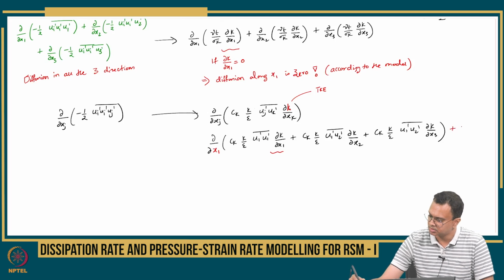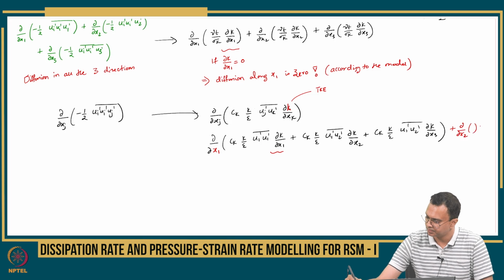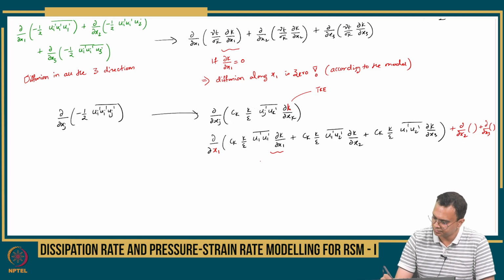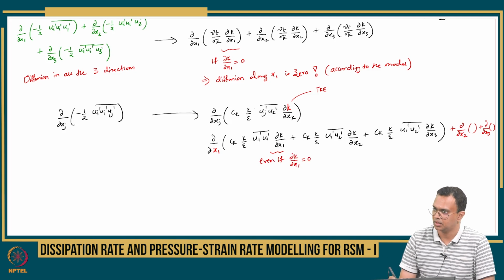So I get plus dou by dou x2 of a term, plus dou by dou x3 of another term, similar terms here. Even if dou k by dou x1 is 0, the entire diffusion coefficient is not going to 0, because I still have this term and this term to save me.